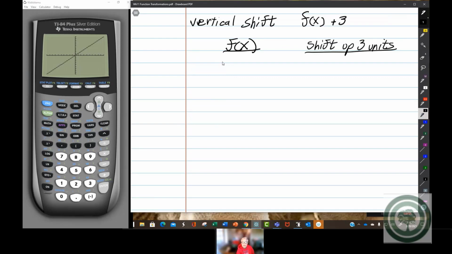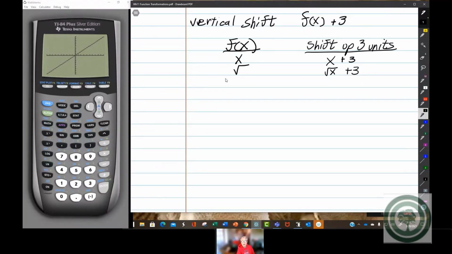Okay, if we have f of x equals x, then to shift it up 3 units, on the right-hand side of the x, I would write +3. And if we have the function f of x equals the square root of x, and I want to move that up 3 units, I would write the square root of x, that's the function, +3 out here.